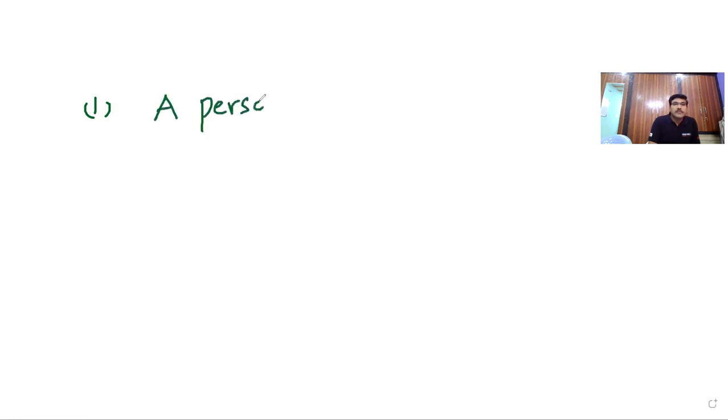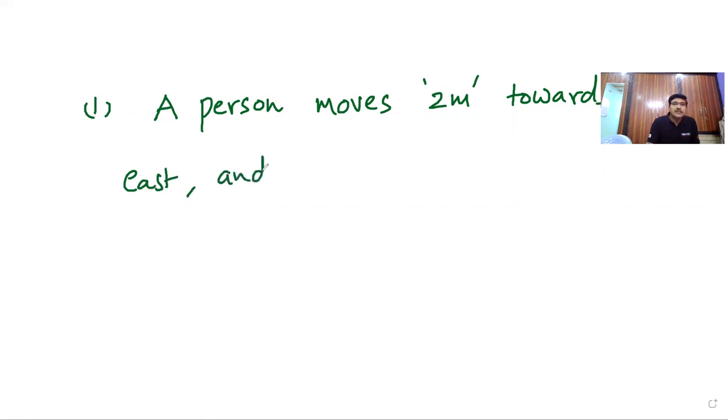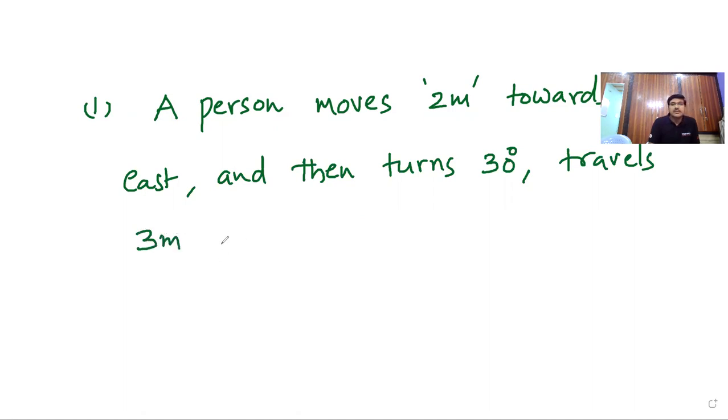A person moves 2 meters towards east and then turns 30 degrees and travels 3 meters.